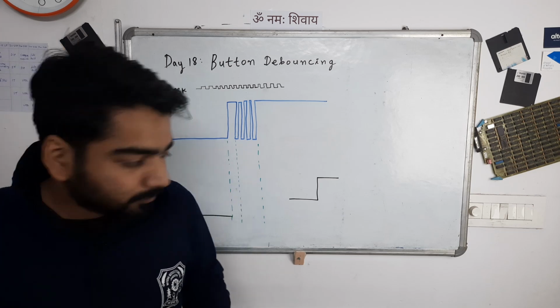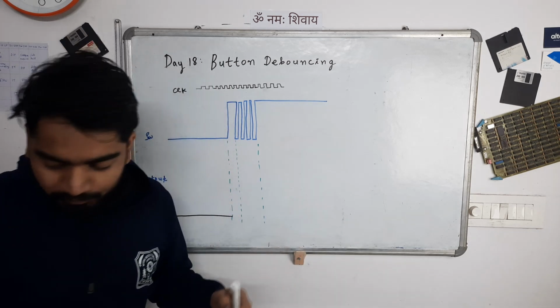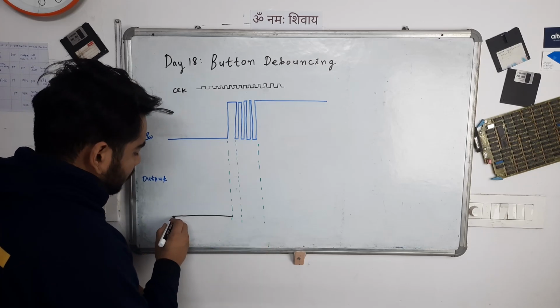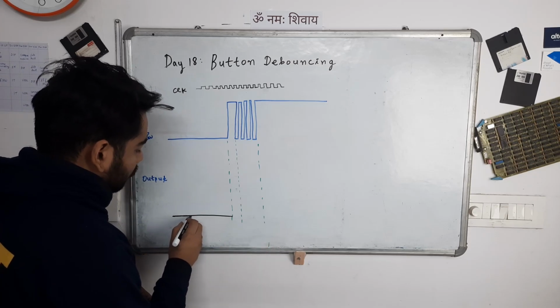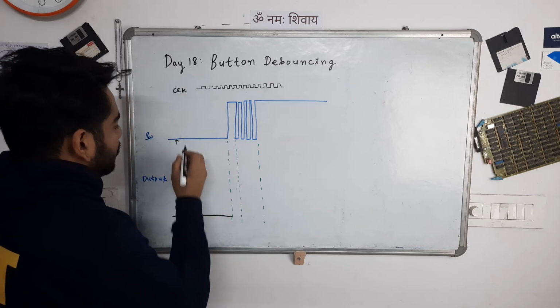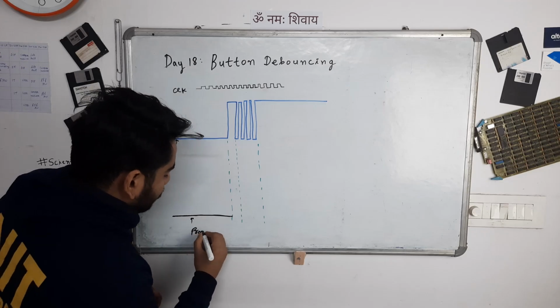For that, what I'm going to do is I'm going to track the input, right? So initially, let's start from here. Let's say our output is low. Now this is our original signal and this is what we are outputting. This is the processed signal.